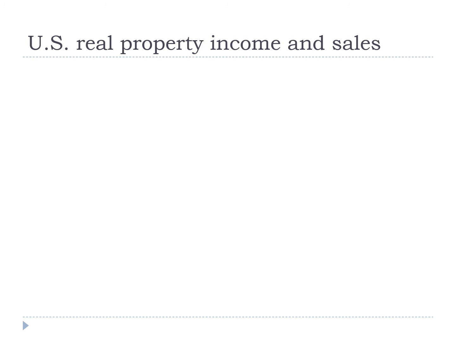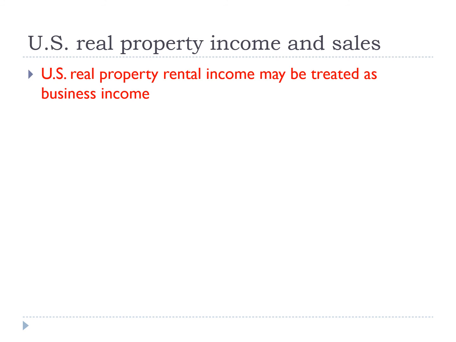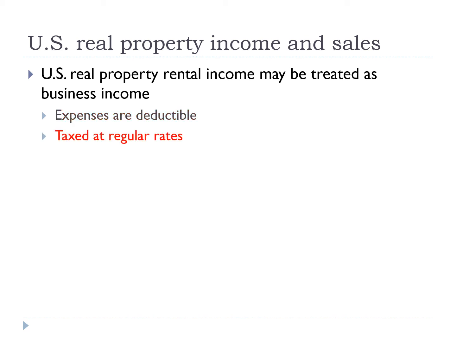These rules override the general rules for the taxation of business and non-business income. In general, U.S. real property rental income that would normally be treated as non-business income may be treated as business income at the election of the taxpayer. When it is, the foreign taxpayer is able to deduct expenses against the income for U.S. tax purposes, and the net income is taxed at regular U.S. tax rates.